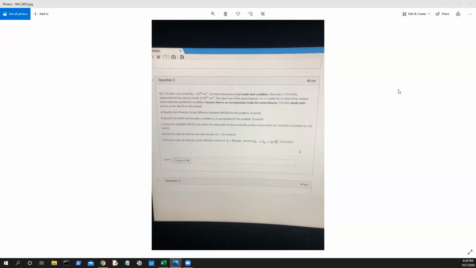All right, we know a couple things disappear. GL goes to 0, time goes to 0. So now we have 0 is equal to Dn d squared, that whole thing in the center, minus change in n over tau n. So that's our simplified version. And now we can take it one step farther and simplify it a little bit more, if I remember correctly.